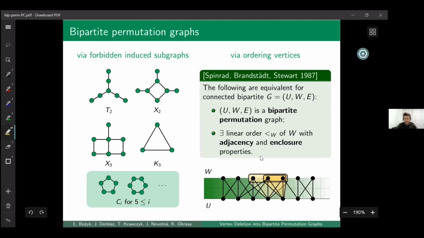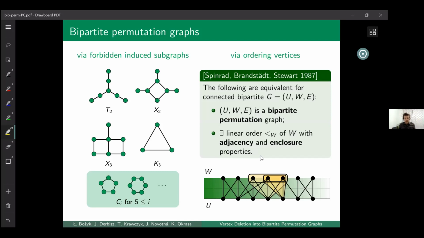In other words, bipartite permutation graphs are precisely the graphs that you can embed in a strip, say a strip of paper, with vertices on both edges of this strip, in such a way that neighbors of vertices from one edge of this strip satisfy the enclosure and adjacency properties on the other part of the strip. The edges being the bipartition classes.